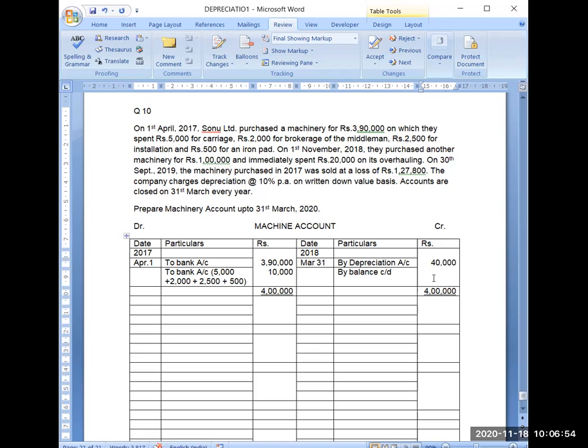And from 4 lakh, we will subtract 40,000. So the balance will be 3,60,000. Now in 2018, April 1st, we will note down the balance. To balance brought down 3,60,000.